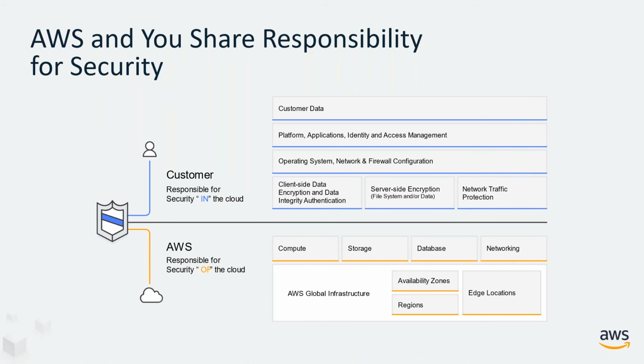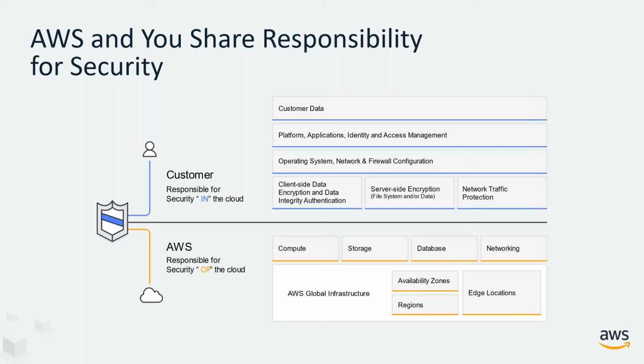So that means everything from the physical concrete to the data centers themselves, to the hypervisors, to the underlying storage behind services like S3, to the hypervisor that's running underneath our computing services like EC2, the core networking in and out of that environment. So the security of the cloud. So basically that infrastructure, and we can do a really good job at this because we have a lot more people dedicated to just securing that infrastructure than most people.